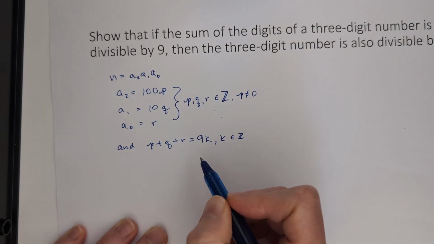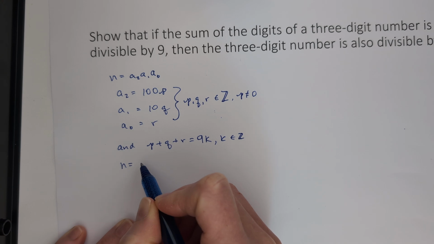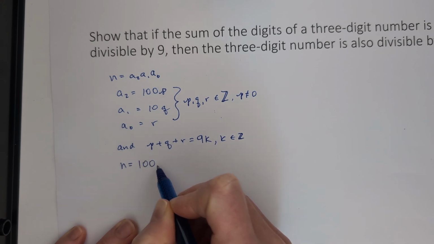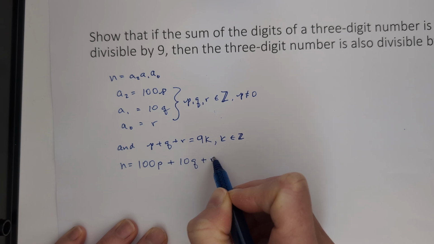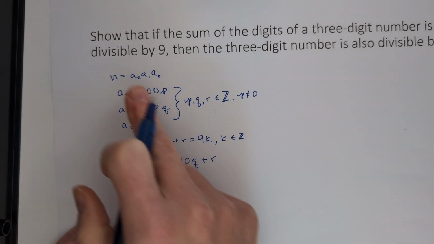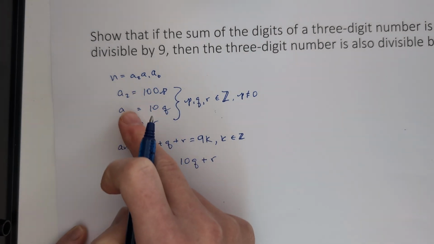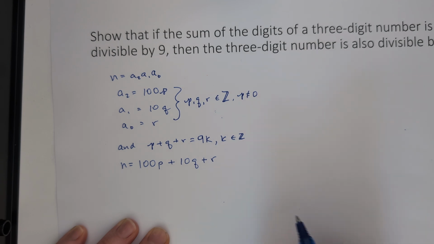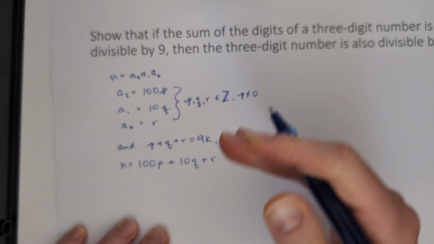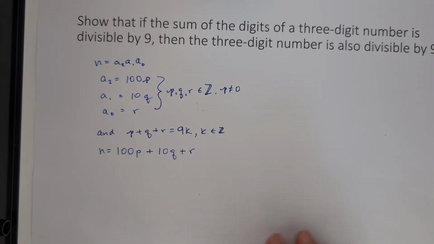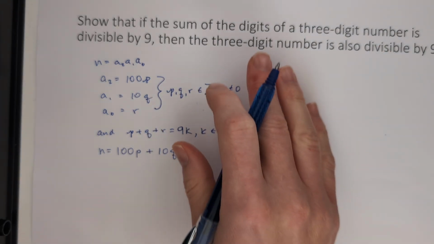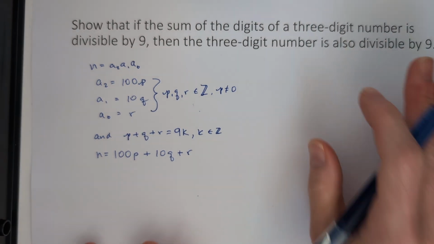So this is my assumption. I know n can also be written as 100P plus 10Q plus R, because this is the way I'm breaking down this number, A2, A1, and A0. What I can do is use this and work through the properties of mathematics, divisibility, etc., to prove that this 3-digit number is also divisible by 9.